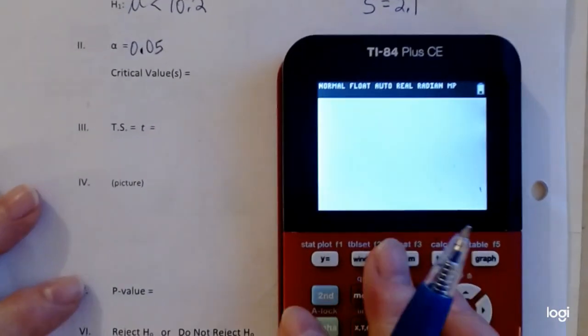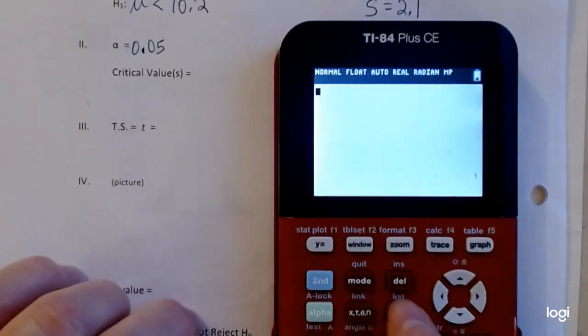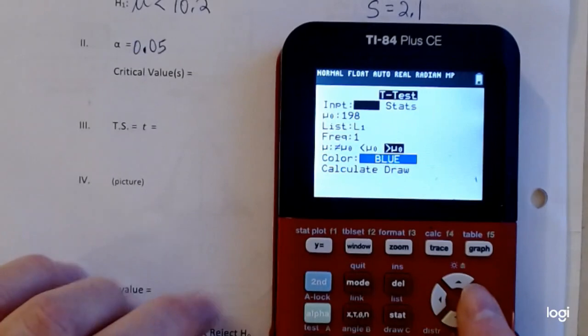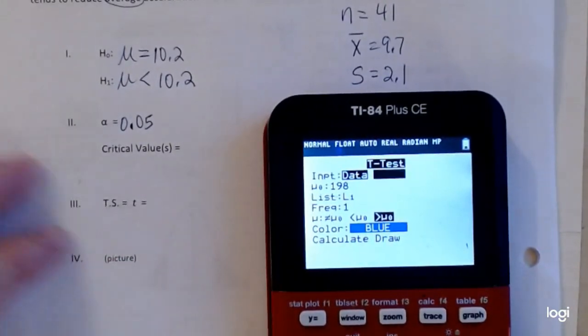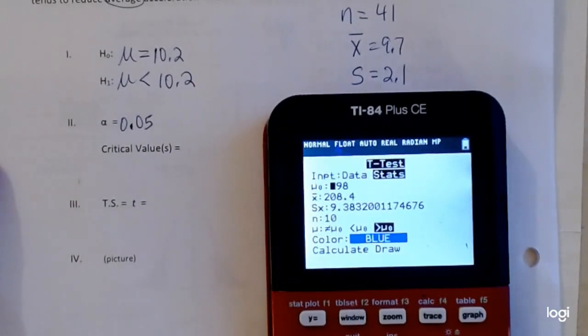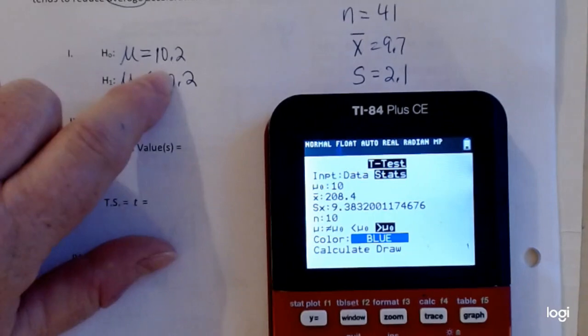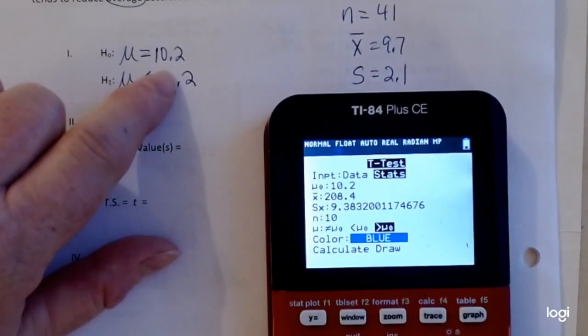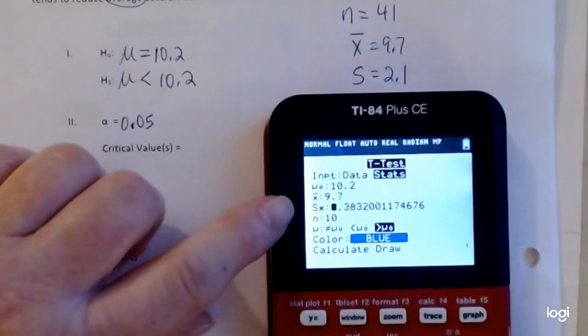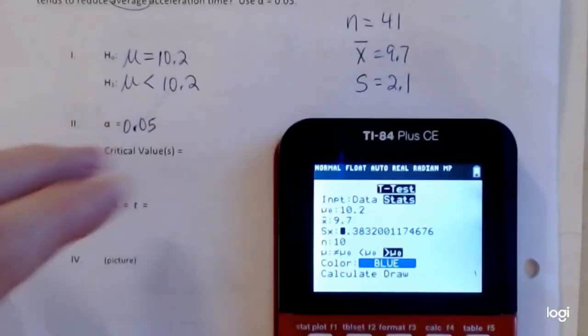So we're going to run that test. This time we've got stats again. Enter. So our mean is 10.2 for our mu naught, 9.7 for our x bar. Our standard deviation was 2.1.